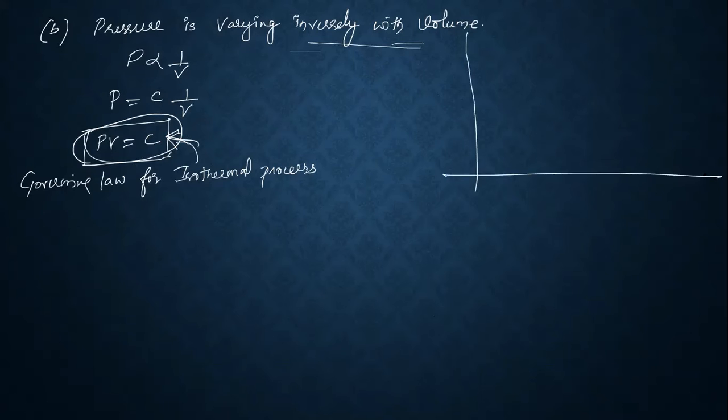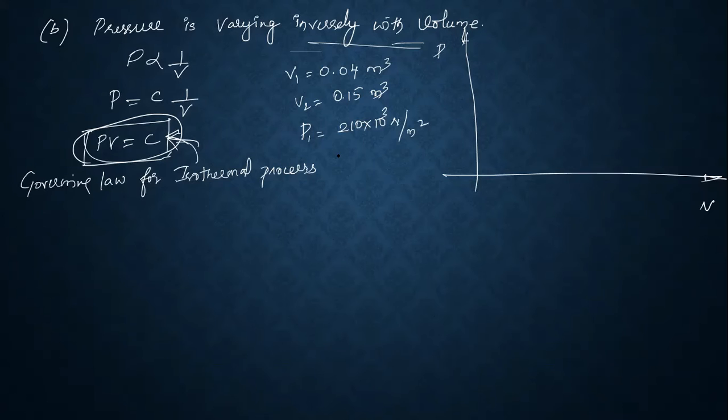Let me write the PV diagram. Pressure, volume, and I have to check whether it is a compression or expansion. With the volume, V1 is equal to 0.04 meter cube, and V2 is equal to 0.15 meter cube, and pressure P1 is 210 kilopascal.